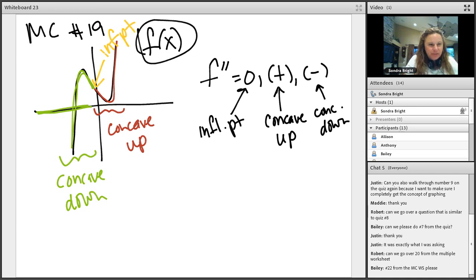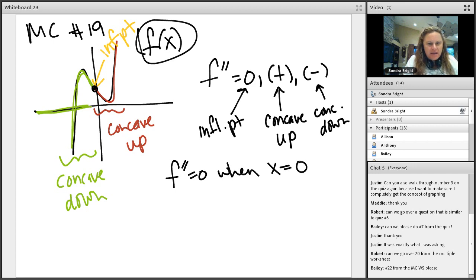Okay, so when I'm looking closer at the graph, it looks like it's right there on the x-axis. So it looks to me like it is an inflection point. So f double prime equals 0 when x is 0.